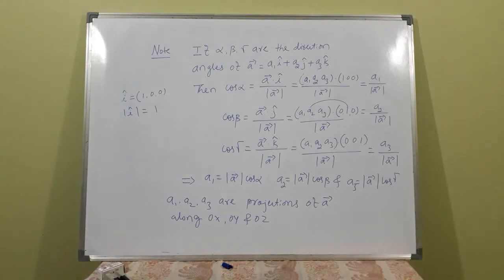Okay, projection of A along OX is A1, projection of A along OY is A2, projection of A along OZ is A3.